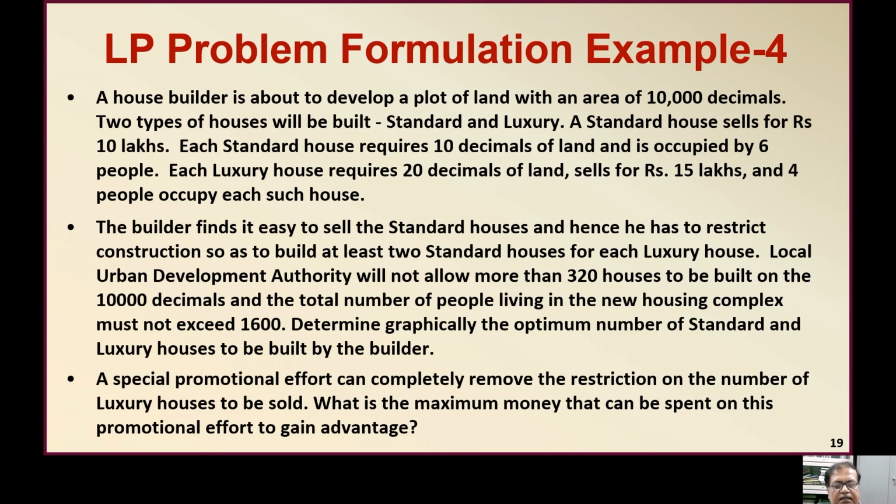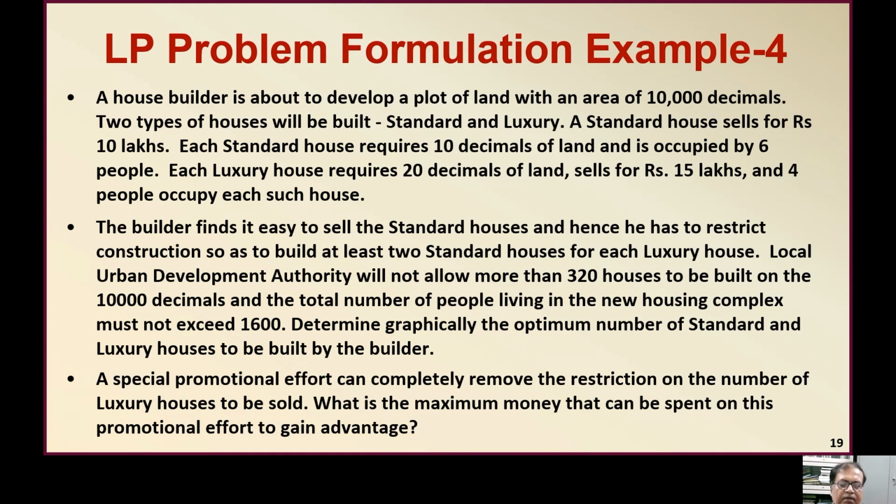The builder finds it easy to sell the standard houses, and hence he has to restrict construction so as to build at least 2 standard houses for each luxury house. Local Urban Development Authority will not allow more than 320 houses to be built on the 10,000 decimals, and the total number of people living in the new housing complex must not exceed 1600. Determine graphically the optimum number of standard and luxury houses to be built by the builder.